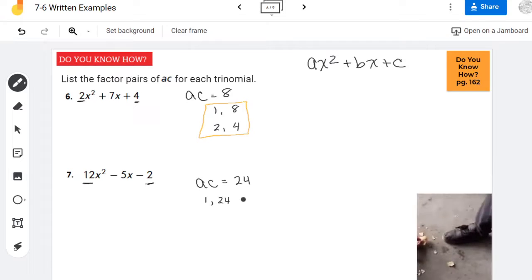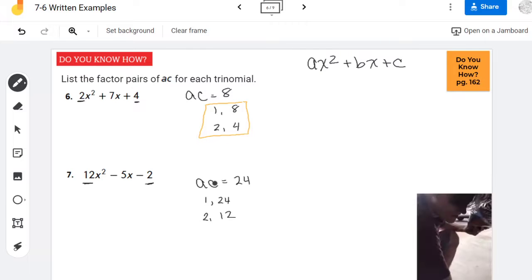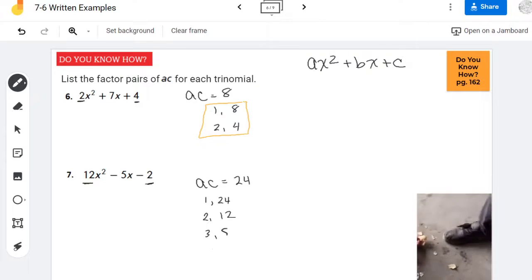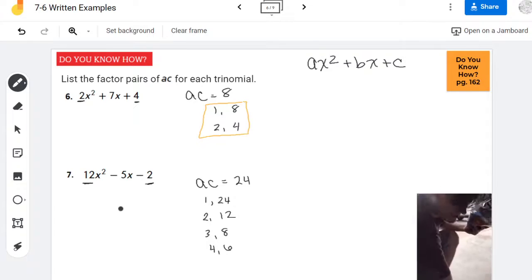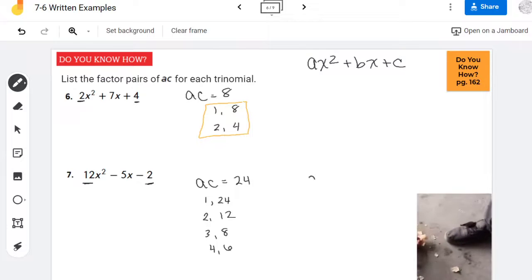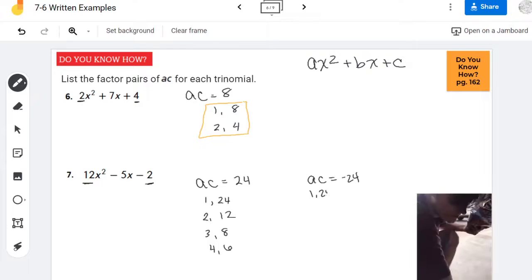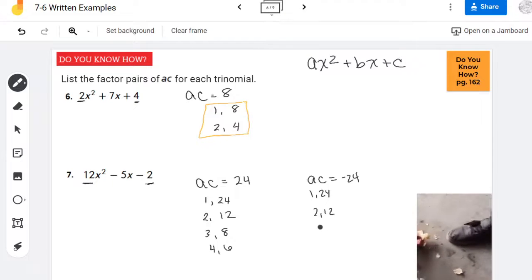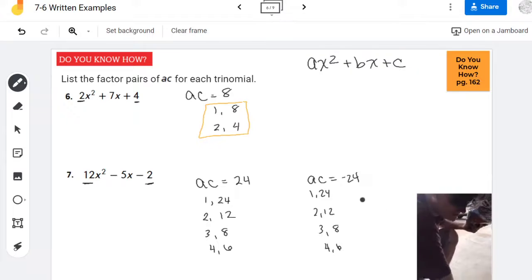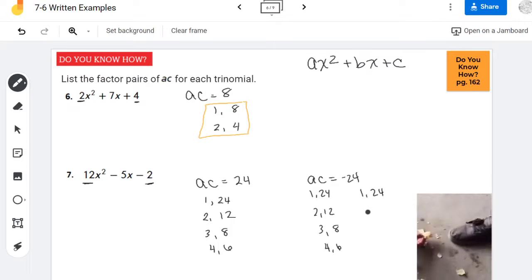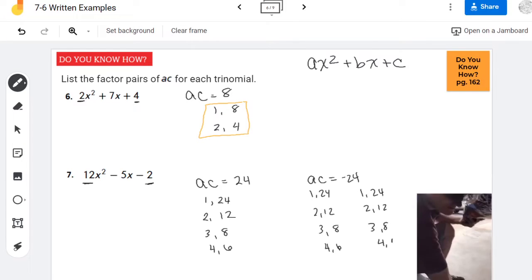So here we are, I have 1 and 24. Now I have 2 and 12. I have 3 and 8, and 4 and 6. Now if I was the person who thought that AC was negative 24, and again this just depends on your preferences when you are factoring, what I would do is double this list, and I have to consider the fact that to get a negative, I have one positive term and one negative term.